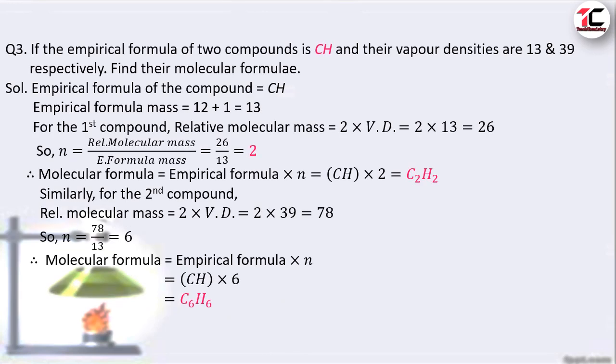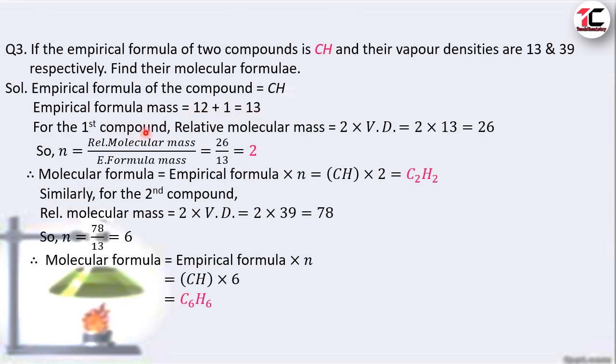Let us see the next question. If the empirical formula of two compounds is CH and their vapor densities are 13 and 39 respectively, we have to find the molecular formula. We know empirical formula of the compound is CH as it is given in the question. So empirical formula mass is 13.